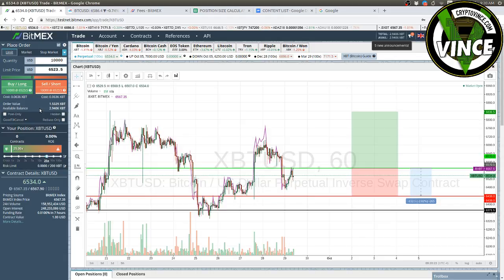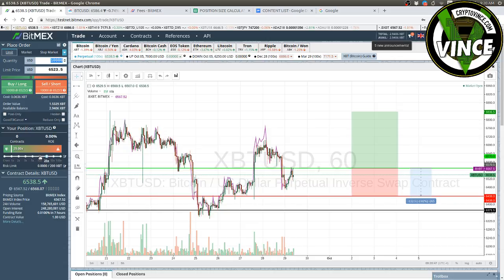And the only thing that changes is the fee. The fees, of course, increase with the leverage. The higher the leverage, the higher the fees. Why? Because the fees are calculated on your total position size. They're not calculated on your cost.